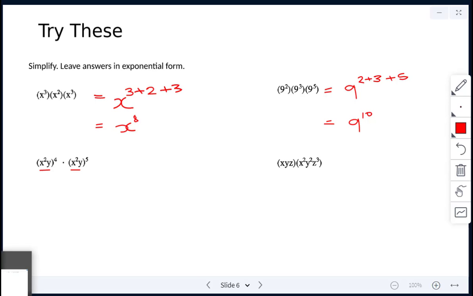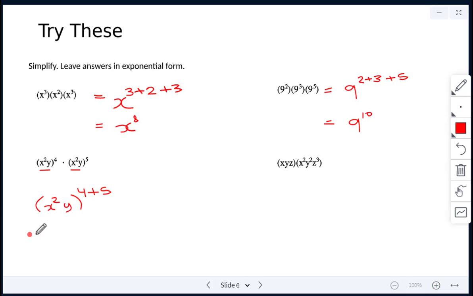Okay, so with this one here, our base is x squared y for both of them. Because we're just looking at the product law today, we could just leave our base as x squared y, and then add our exponents, which is 4 plus 5.